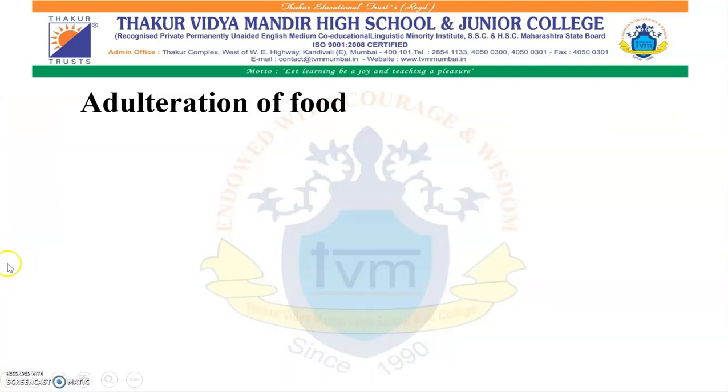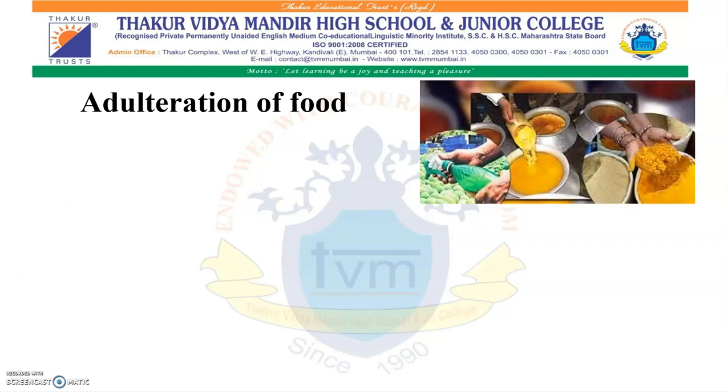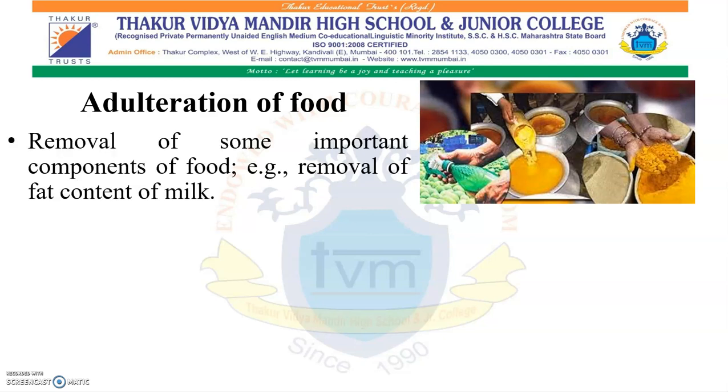Adulteration of food. It means addition of other substances to the food item in order to increase the quantity of the food item in the raw form or prepared form, which may result in the loss of actual quality of the food item. Food is also adulterated in the following ways.